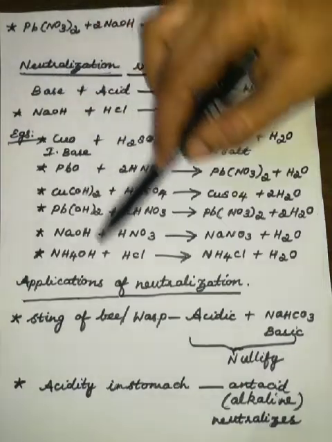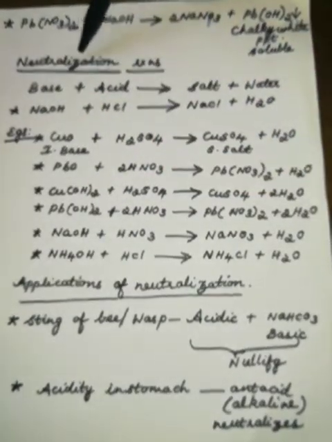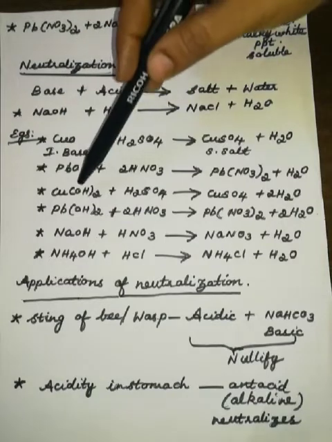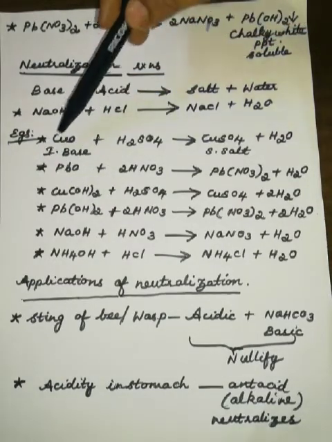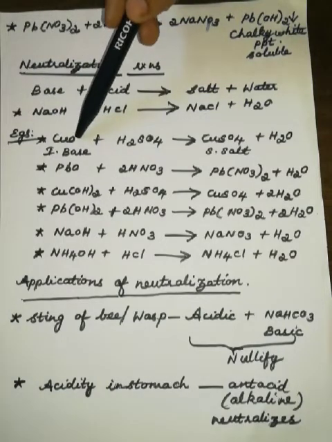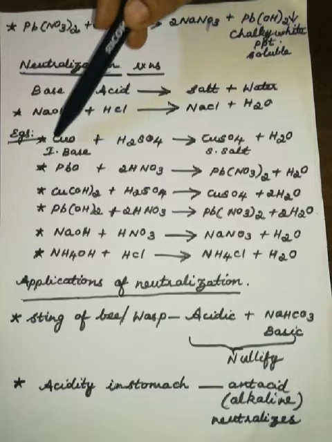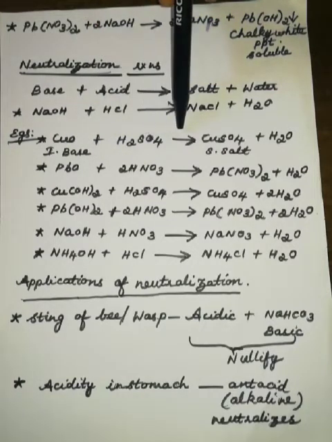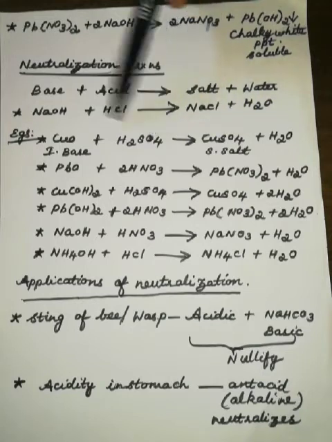Now let's see some more examples of this neutralization reaction. As I said earlier, base means not only the hydroxide of a metal is a base; the oxide of a metal is also a base. Now copper oxide, CuO, this insoluble base, which you treat with dilute H2SO4, you will get copper sulfate.